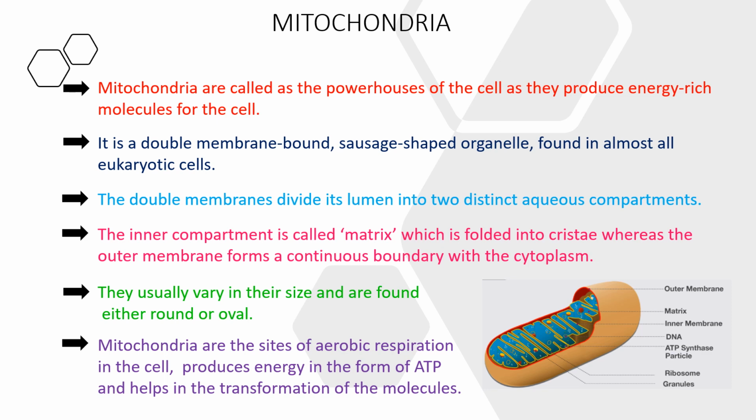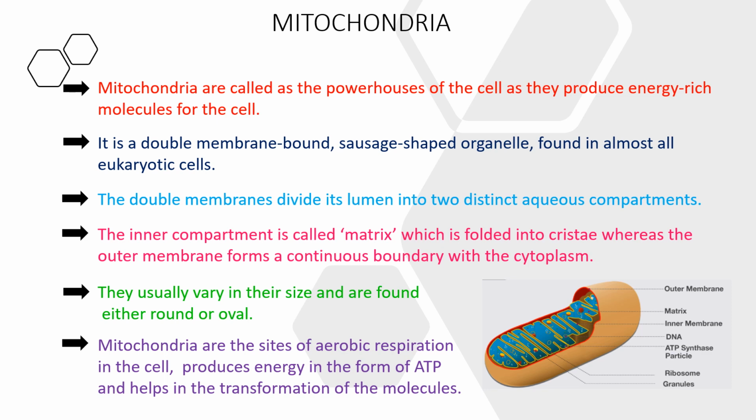They have some parts here. We can see the outer membrane, inner membrane, and outer compartment, inner compartment. The inner compartment is known as the matrix, whereas the outer membrane forms a continuous boundary with the cytoplasm, and they produce energy in the form of ATP.